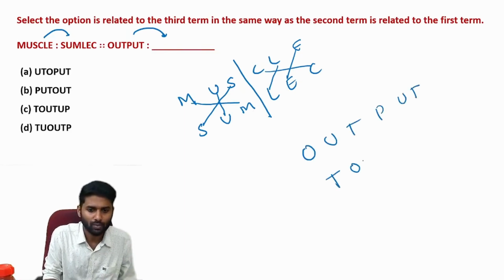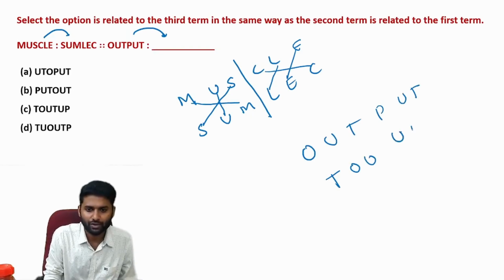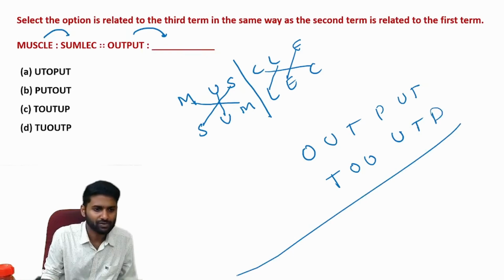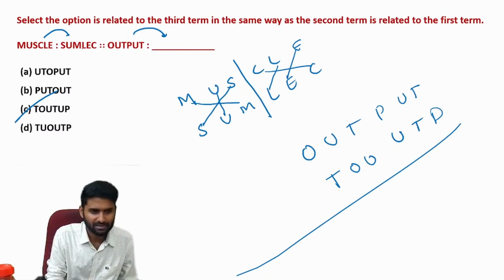So TOU. Start with TOU. Next one UP, U. Next one TP. So TOU UTP is the correct answer. TOU TUP, C is the suitable answer. I think it's CLE LEC.